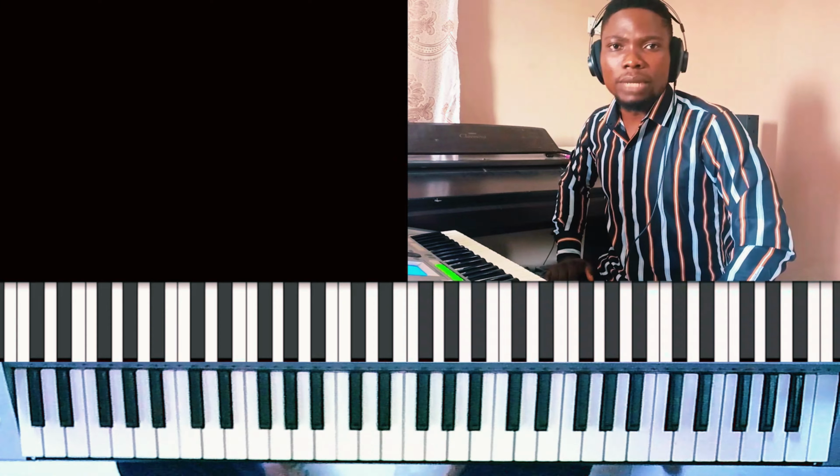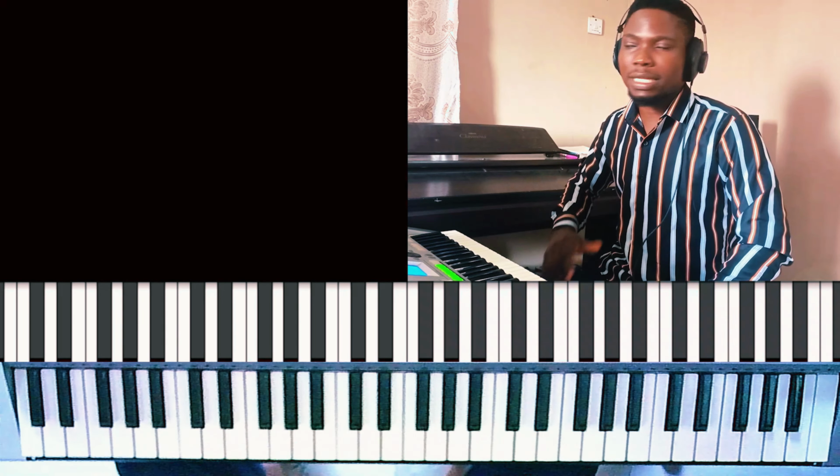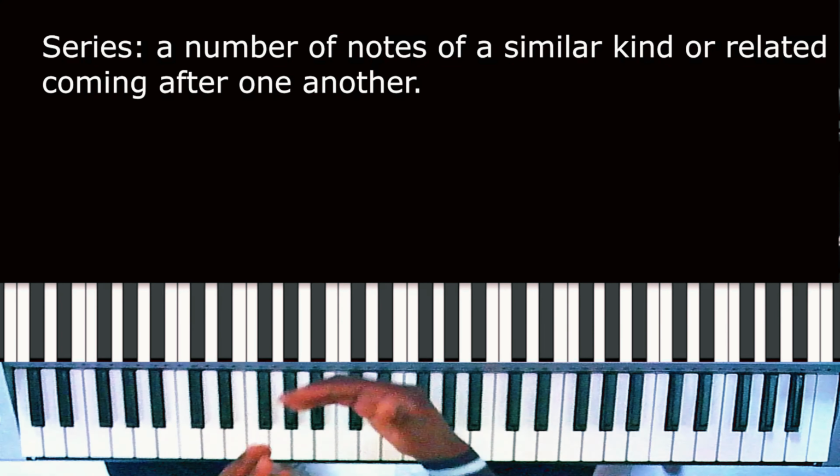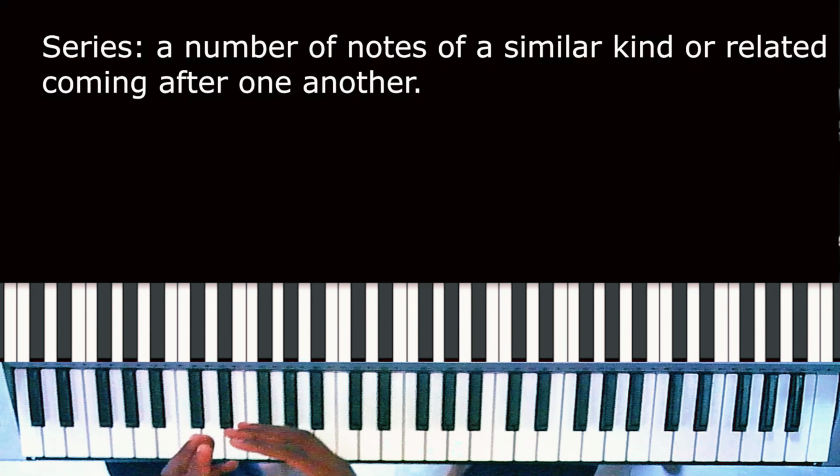Let's bring this meaning to music level. What we've just done before is just the general meaning, probably the English meaning. So let's look at what this is. Series means a number of notes. Now you can see I've replaced event, object, or people with a number of notes of similar kind or related, coming one after the other.